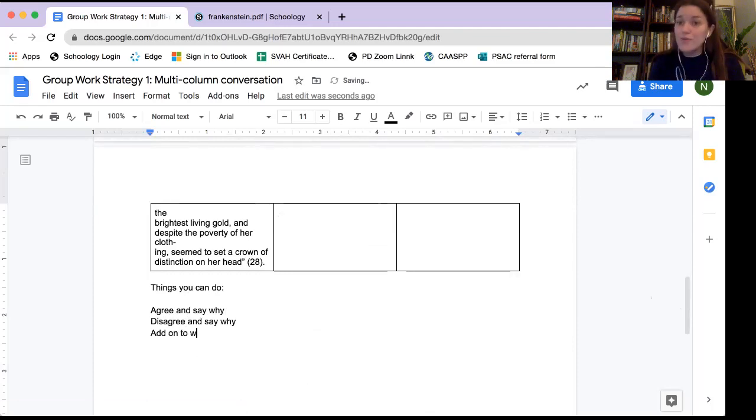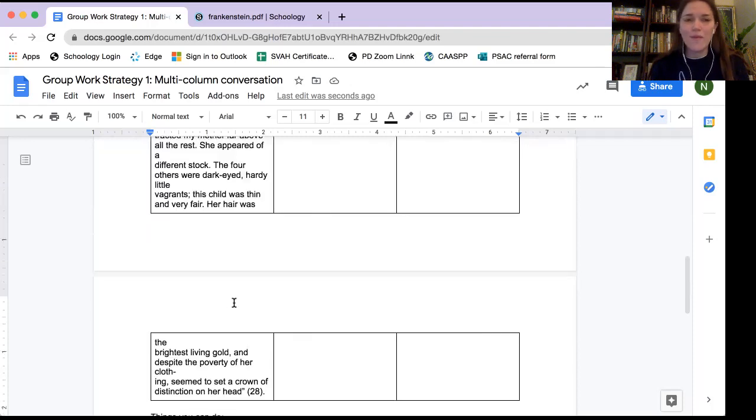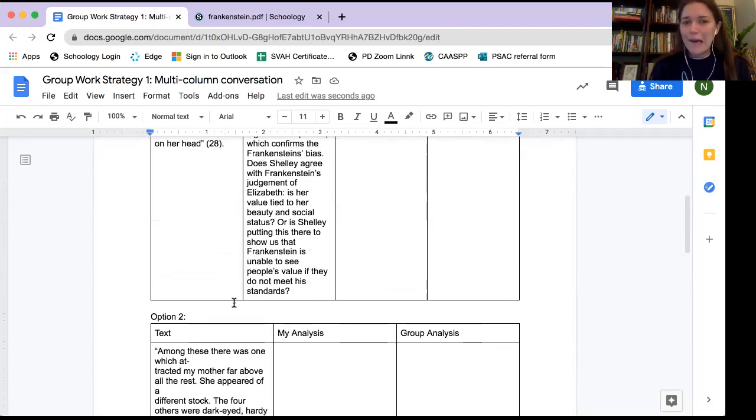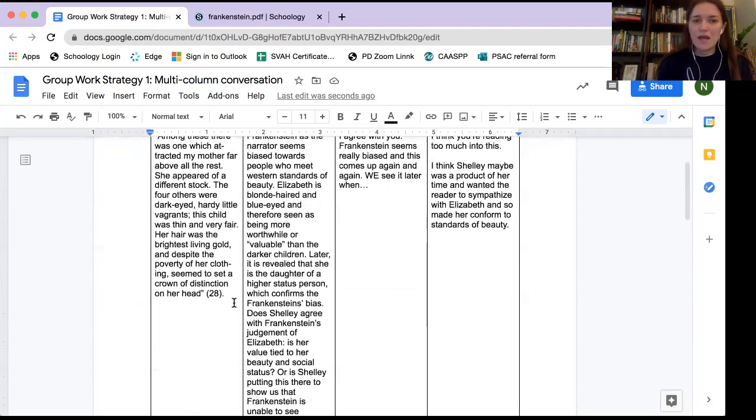Add on to what the person said. And it's just a good way to start getting the conversation going. And then you can obviously chat with each other for clarification, but this might be a nice way to get the conversation going, especially because some of your classmates are mic shy.